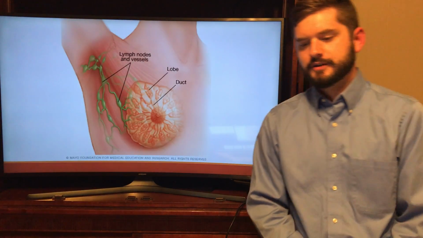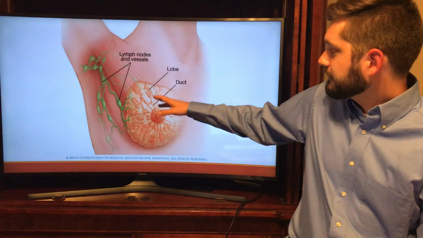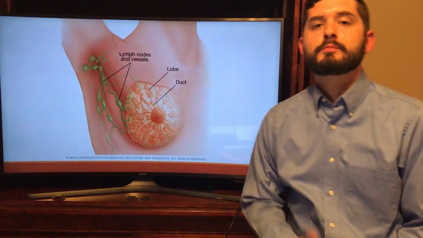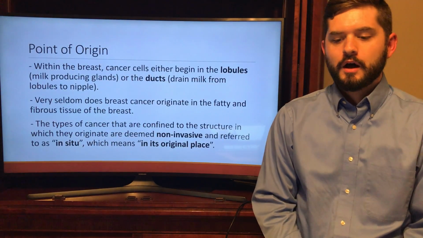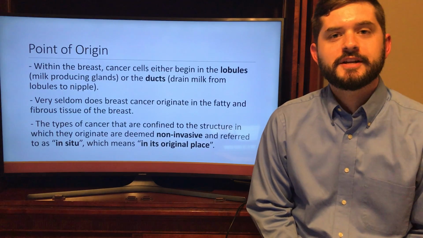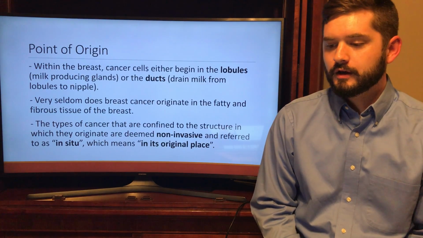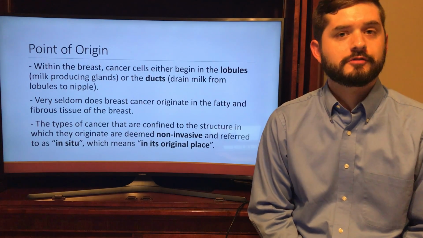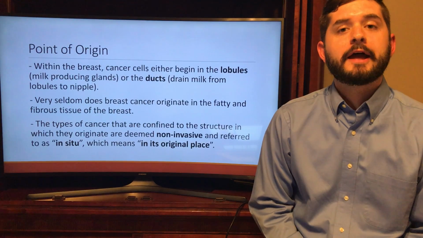And we can look at this diagram here. We can see the lobes that produce milk and the ducts that carry to the nipple. Those are the two main sites of breast cancer origination. It typically doesn't originate in the fatty tissue around the breast. Cancer usually has a structure that it originates in, and for breast this is typically the lobes and the ducts.